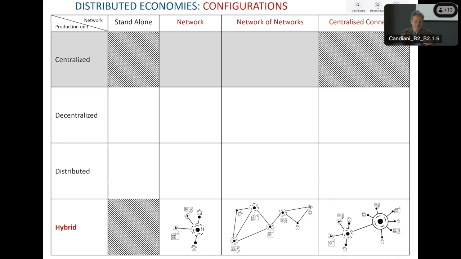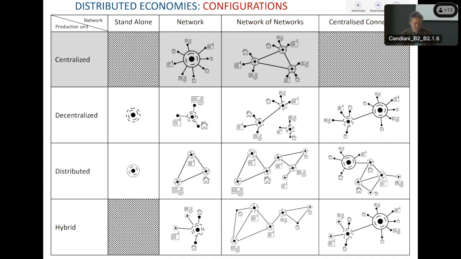It could be even a mix of the two, or it could be connected to a centralized system. So at the end, this is to give an overall picture of the range of configurations that we may have in mind when we are designing a system, either for food production, or for energy production, or for software production, or whatever it is.